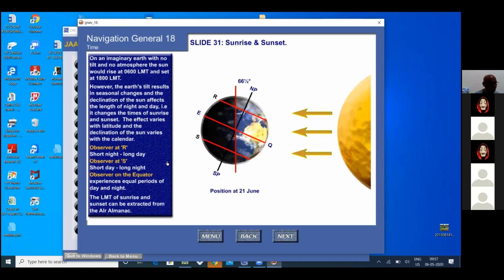And in this case, you have to refer to the latitudes. So all sunrise, sunset, twilight, etc. is on LMT, local time. So should you wish to broadcast it or put it in the form of a NOTAM, etc., you'll have to change it to standard time. Is this clear?